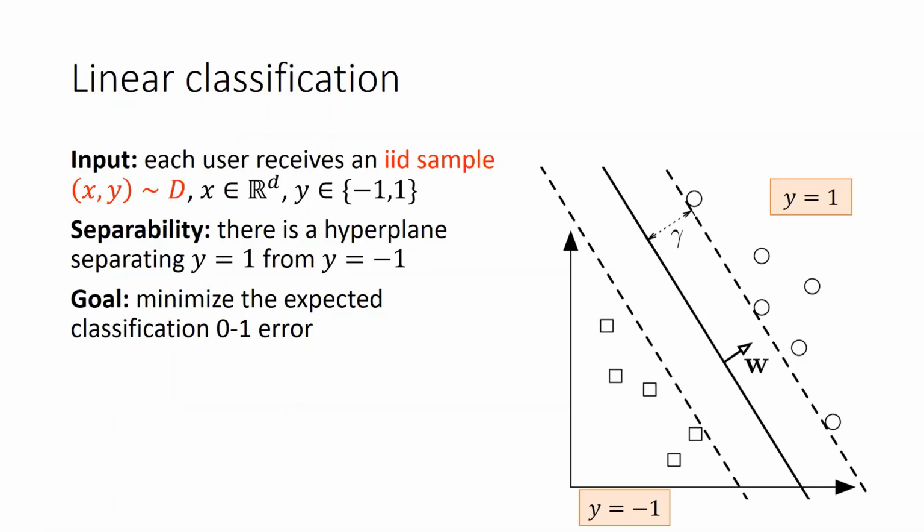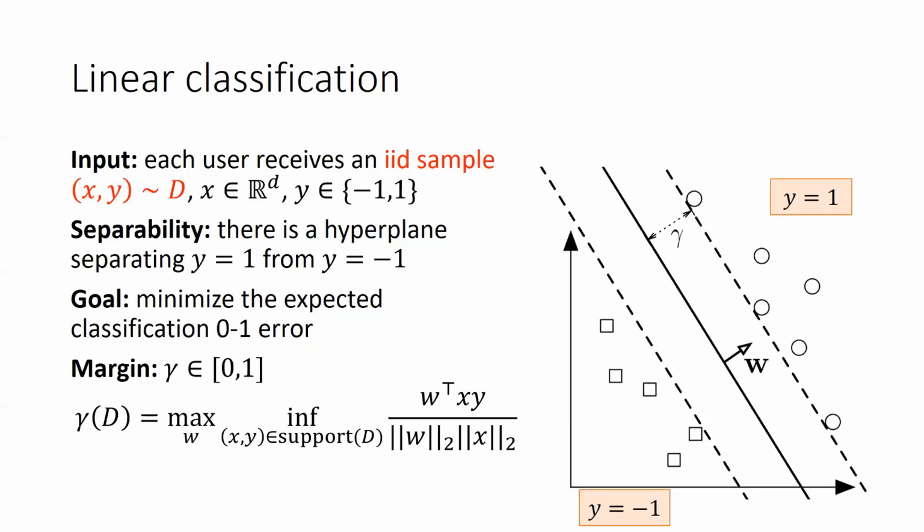The goal is to find a classifier that classifies correctly nearly all the points drawn from the distribution D. I would also like to introduce the margin gamma with respect to the distribution. This is a quantity between 0 and 1 that quantifies the linear gap between the points that are labeled by 1 and the points that are labeled by -1. It will be easier to learn when gamma is larger.